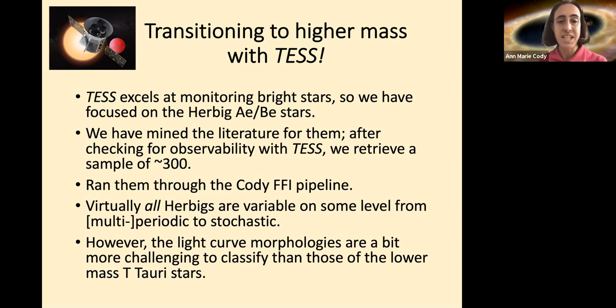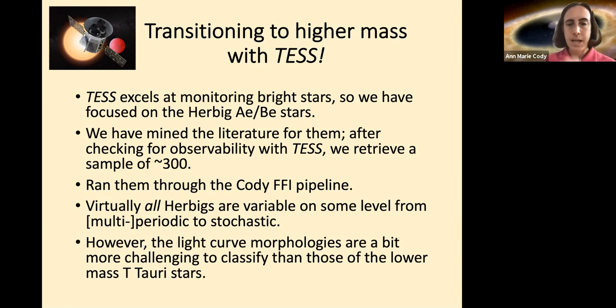So I have mined the literature for Herbig Ae/Be stars across the sky, checked which ones are observable with TESS, and we have a sample so far of several hundred with additional candidates on top of that. Now, this is not a perfect sample. It turns out, as we'll see, that some things that are not Herbig stars do sneak into it. So we are still in the process of vetting what stars are actually in there.